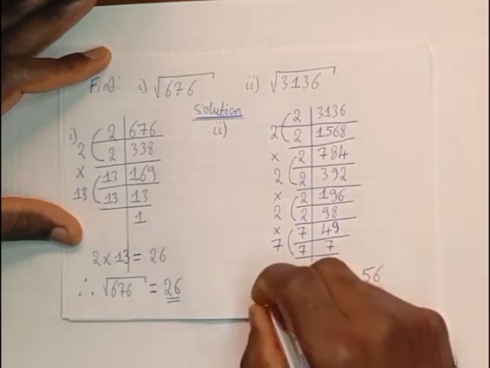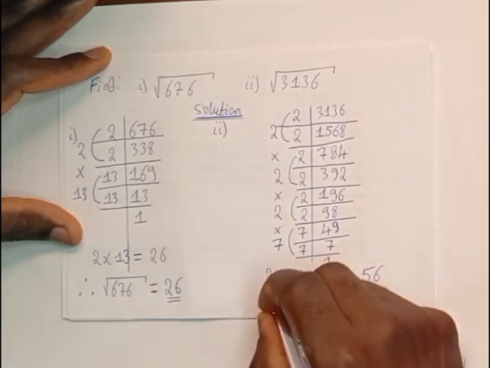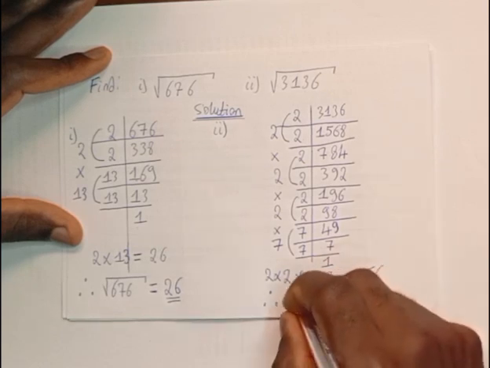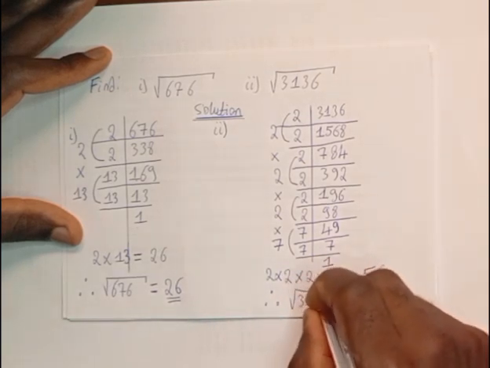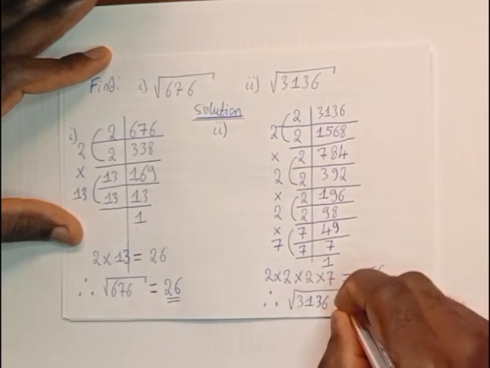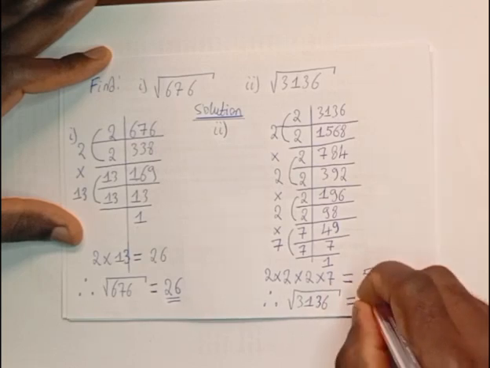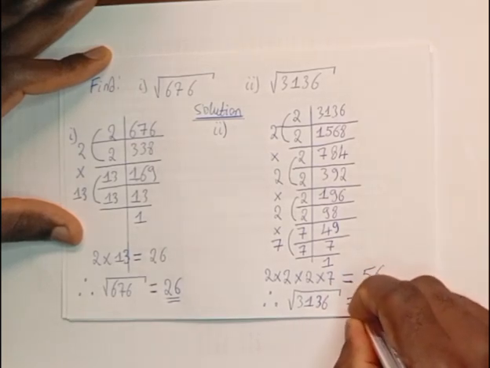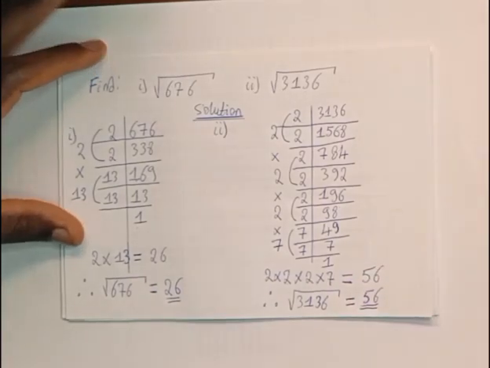Then we conclude, therefore, the square root of the number 3136 is simply equal to 56. We underline the answer.